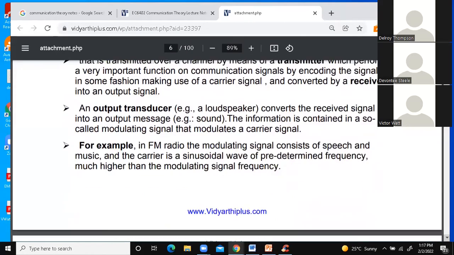For example, in FM radio, the modulating signal consists of speech and music, and the carrier is a sinusoidal wave of predetermined frequency, much higher than the modulating signal frequency.